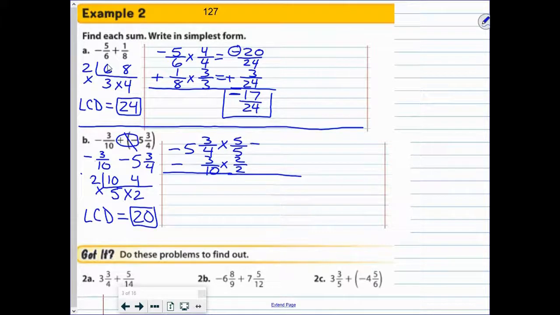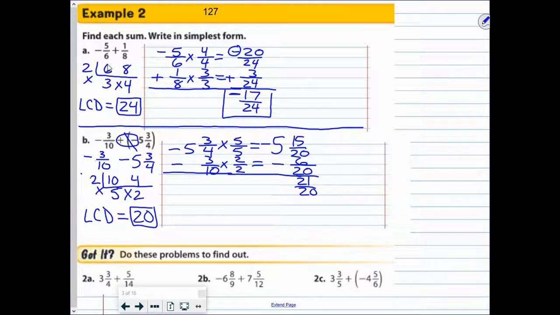That will give me negative 5 and 15 twentieths on the top, and it will give me negative 6 twentieths on the bottom. As I said before, these are both negative, which means we are going to add them. When I add them, I get 15 plus 6, which is 21 over 20.